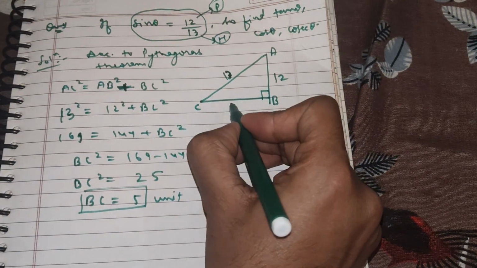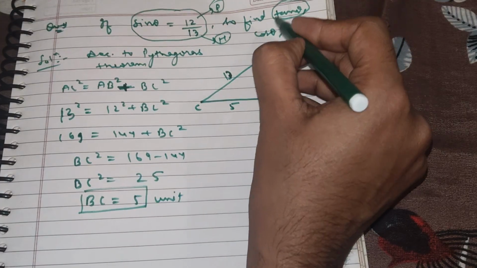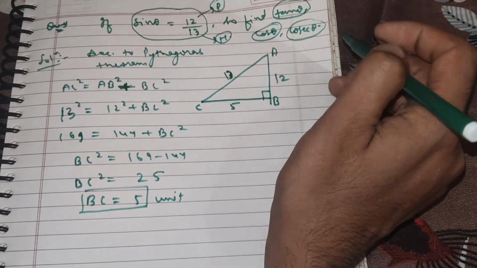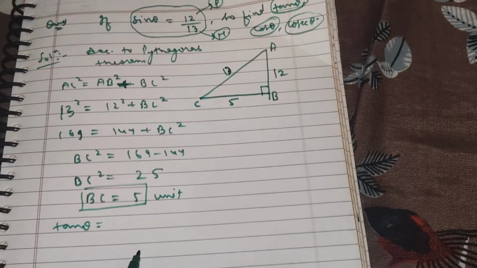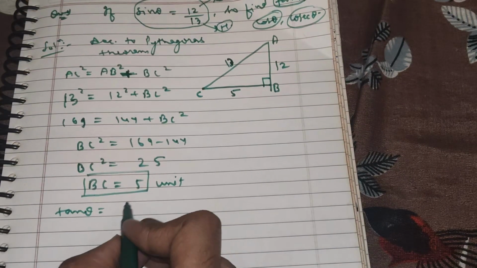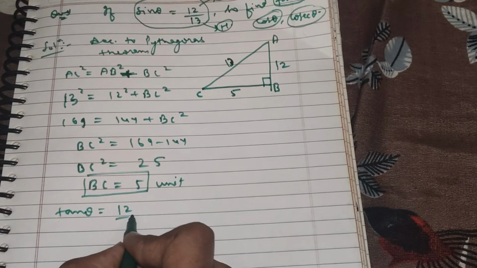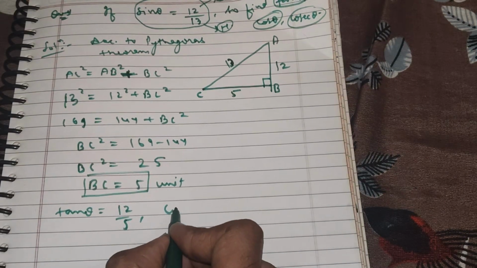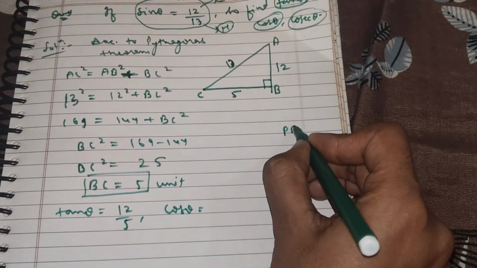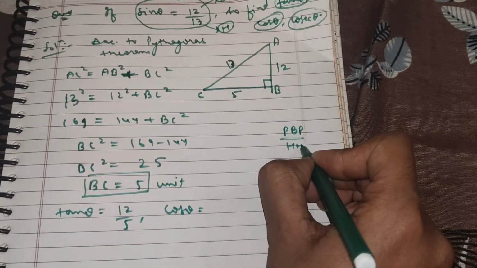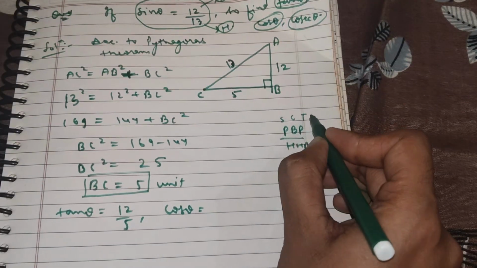Now BC is 5. From this we can find all the trigonometric ratios required in the question: tan theta, cos theta and cosec theta. Tan theta is equal to perpendicular upon base, 12 upon 5, and cos theta is base upon hypotenuse. Remember, B P B P upon H H B. So that is sine, that is cos, that is tan.